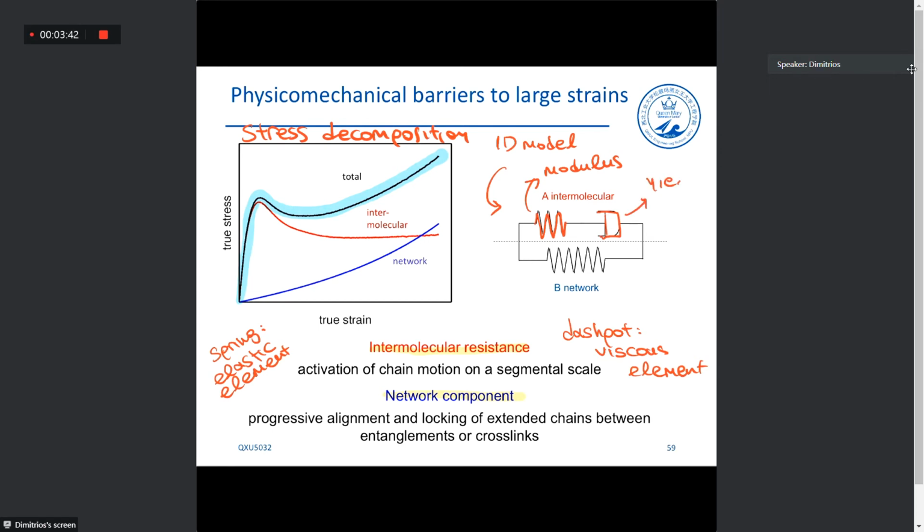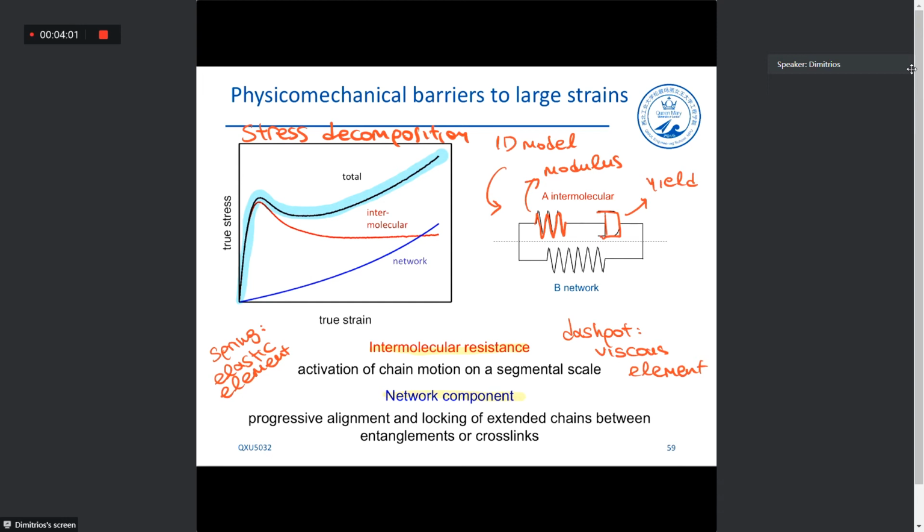Because we said that yield essentially activates the motion of the chains on a segmental scale. After the yield, the main part of the chain is under movement.